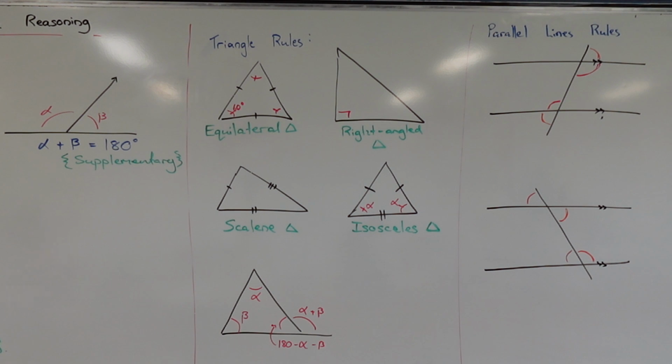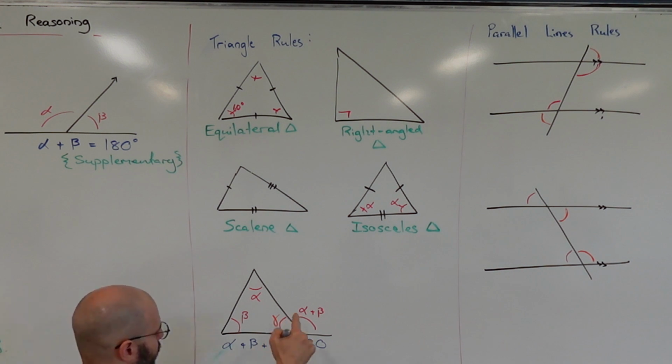Now this leads us into the two, I guess, principles. Firstly, I'll get rid of that and we'll just call this gamma. There's two things that we can pull from these. These are actually from the parallel line reasoning topic. If we sum all the internal angles of a triangle, so alpha plus beta plus gamma, we get 180 degrees.